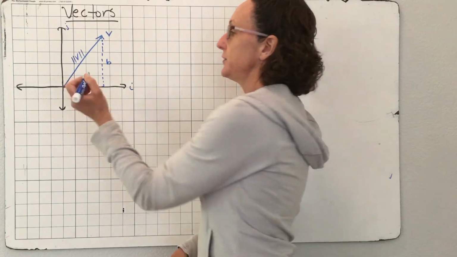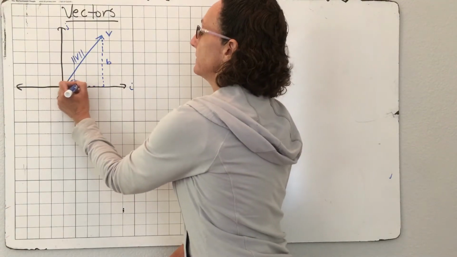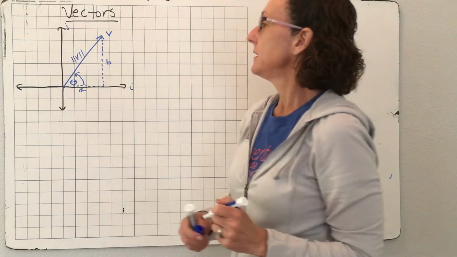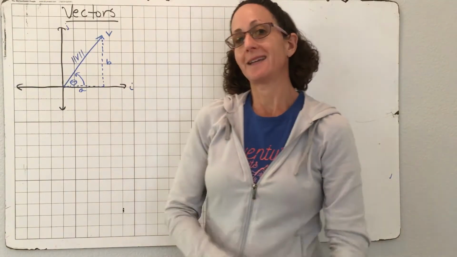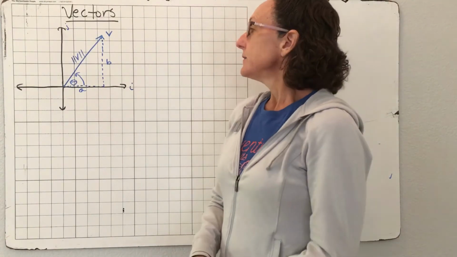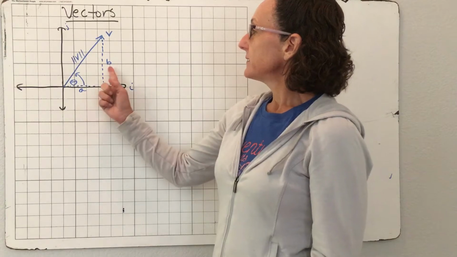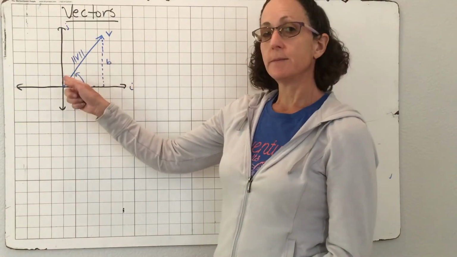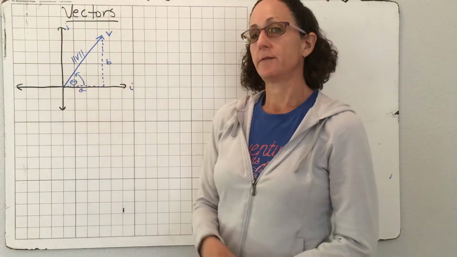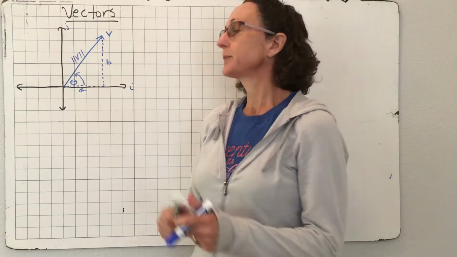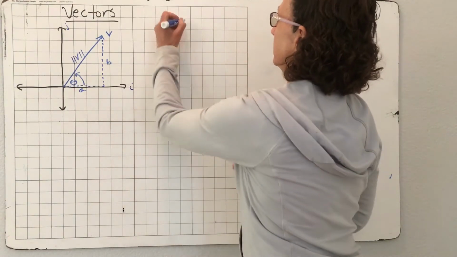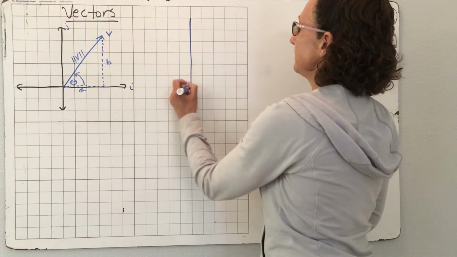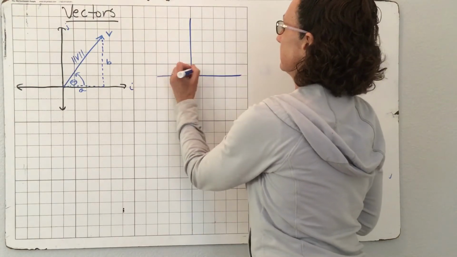Okay, the direction would be this angle right here, measured from the positive x-axis. So again, if I give you this and this, you'd use the Pythagorean theorem to find that, and you'd use tangent to find that.